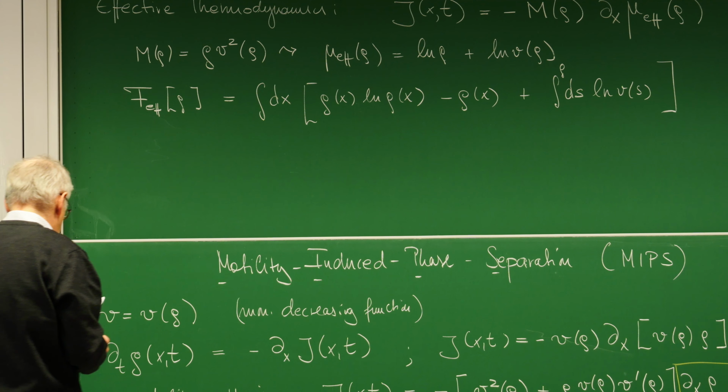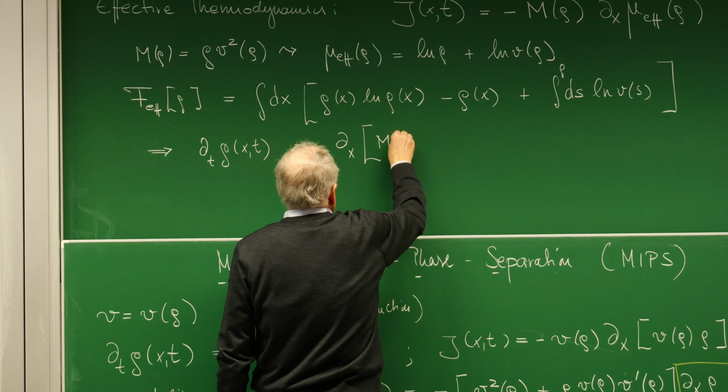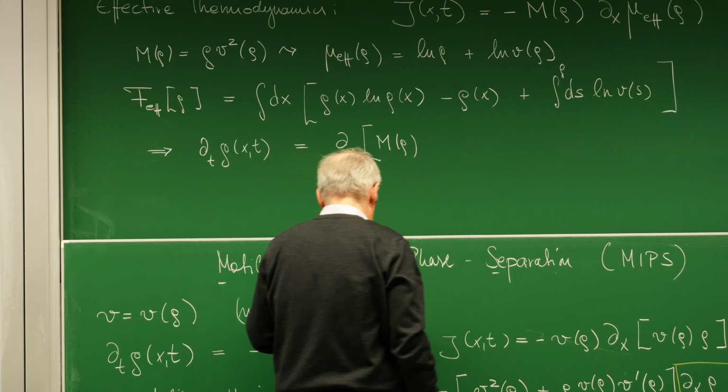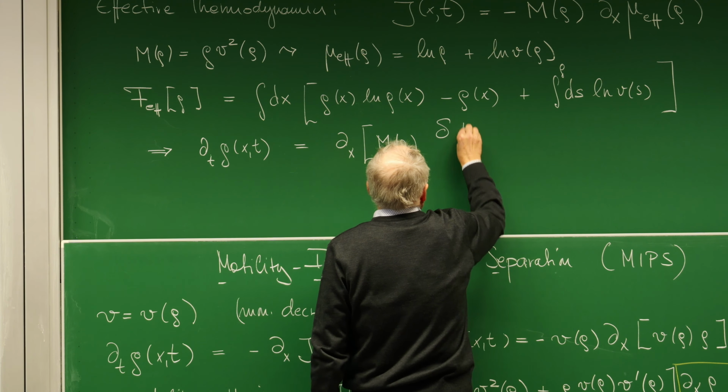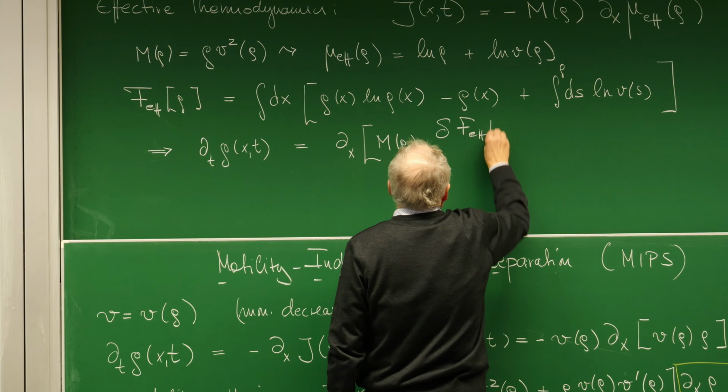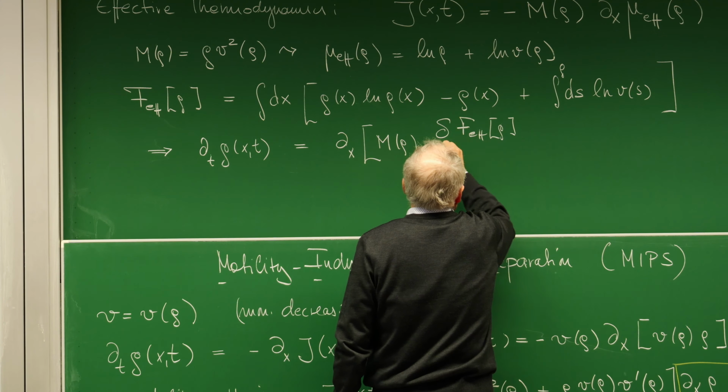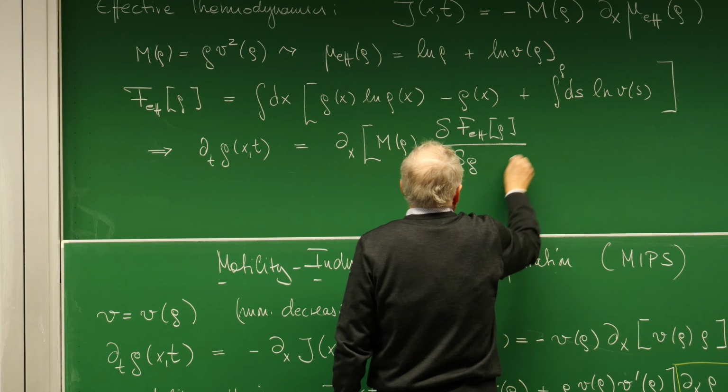dt rho of x and t is the gradient of m of rho, delta f effective of rho, d rho.